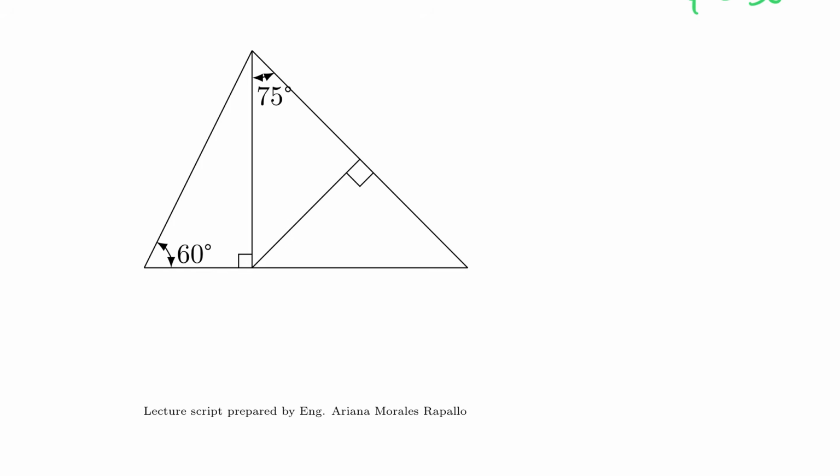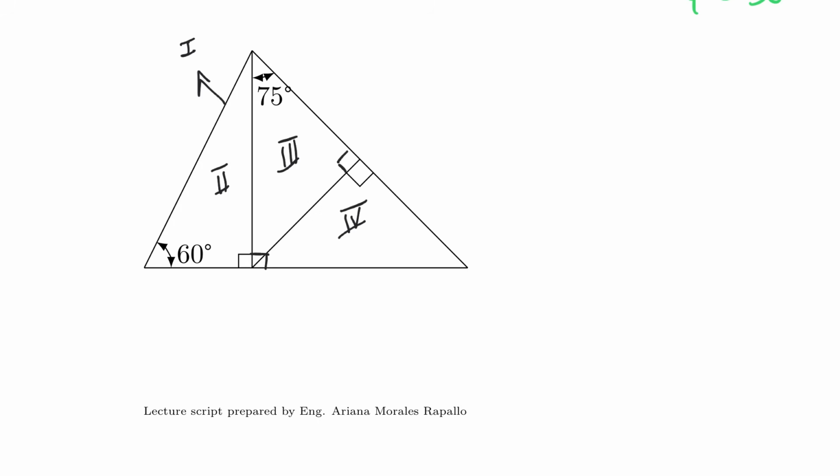So if this one is a right angle, this one over here is also a right angle, and this one over here is also a right angle. Okay, so let's start classifying these angles first. We're gonna call the big triangle 1, this one 2, 3, and 4.